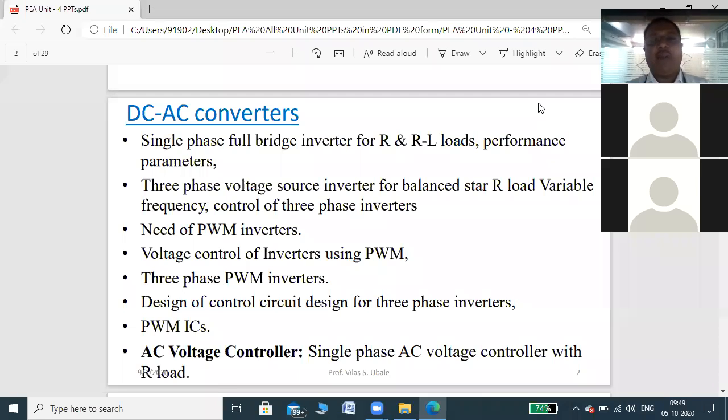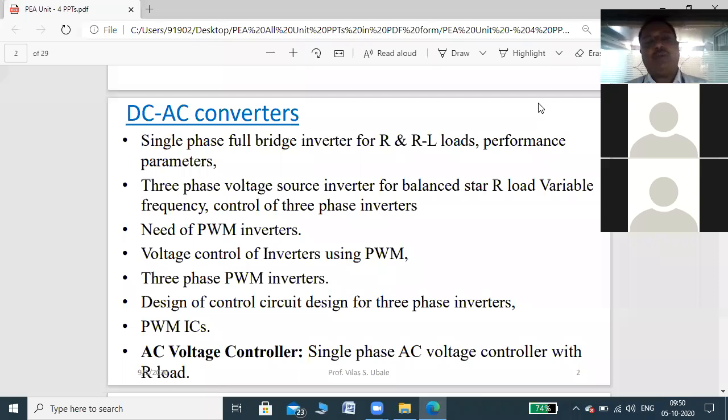You can apply a single phase AC supply to the rectifier, and the output of the rectifier is DC. After using a filter, you get a constant DC voltage, and you can apply that DC voltage to the inverter, so that you get constant AC, with frequency either fixed or variable.